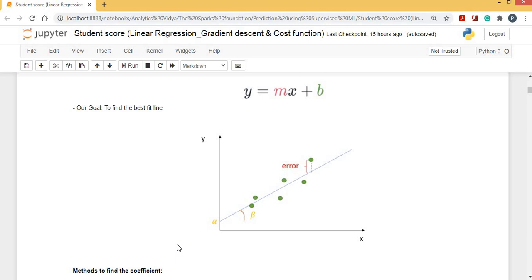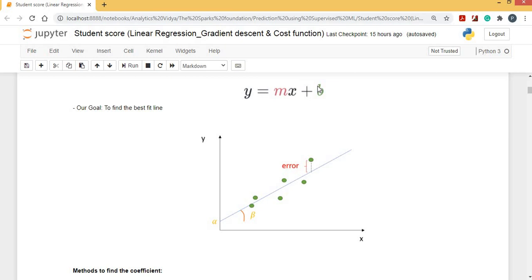Here y is the dependent variable, m is the scale factor or the coefficient, b is the bias coefficient, and x is the independent variable. The bias coefficient b gives an extra degree of freedom to this model.